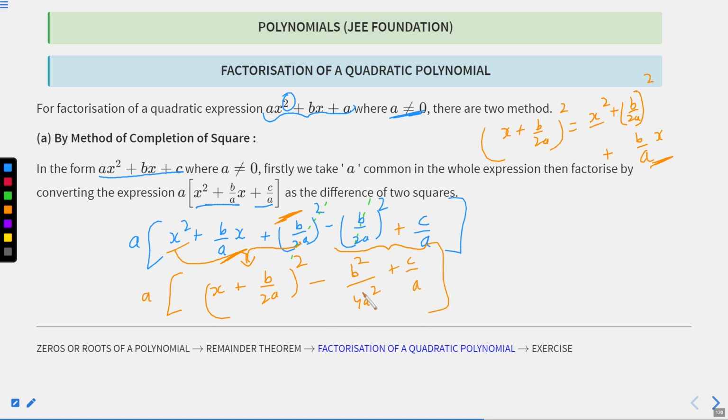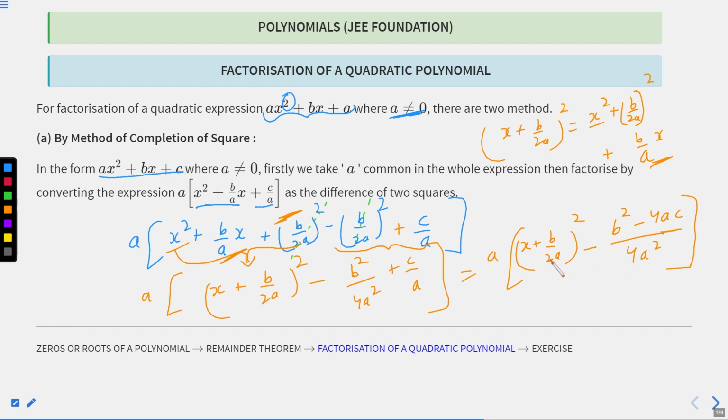Taking the LCM, I will get a times x plus b by 2a whole square, plus 4ac minus b square over 4a square. I hope this is clear. Just taking minus common, this will become b square minus 4ac. I hope this is also clear.